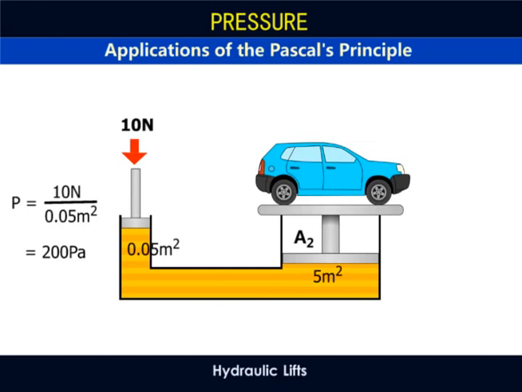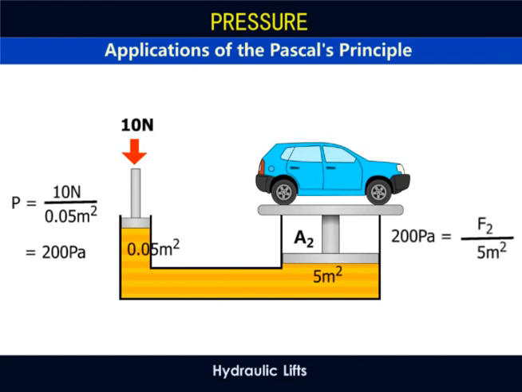Now, this is the catch. Pressure transmitted through a liquid is not lost. So this 200 Pascal will be transmitted instantaneously to the larger cylinder. So how much force will it generate there? 200 Pascal is equal to force over the area of the larger piston, 5 square meters.